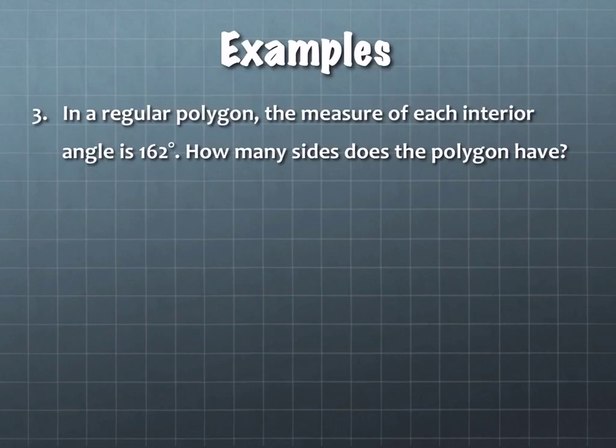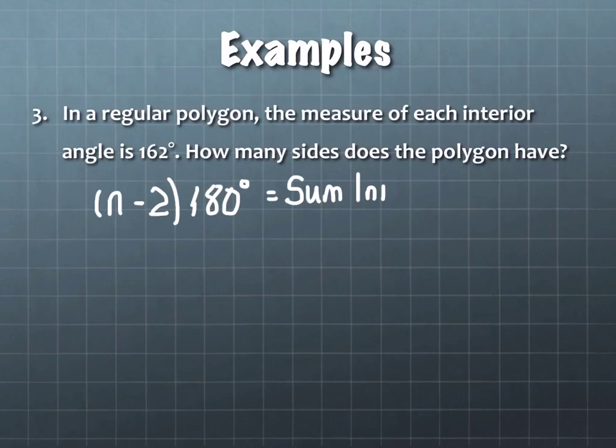So that formula that we created a couple slides ago said if I take n minus 2 and multiply it by 180, then this will give me the sum of the angles. Now, we aren't told what the sum of the angles is, but we are told that each individual angle is 162 degrees.